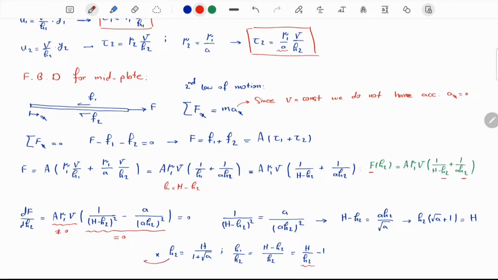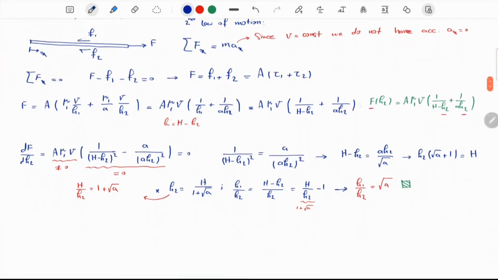From here, capital H over H2 equals 1 plus square root of A. So what do we have here? This is 1 plus square root of A. So the final result for our question is H1 over H2 equals square root of A. This is the final result for the problem.